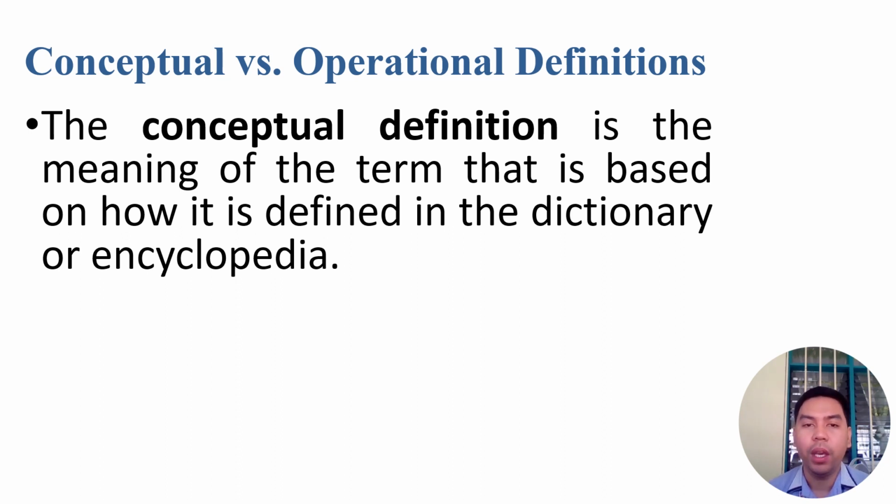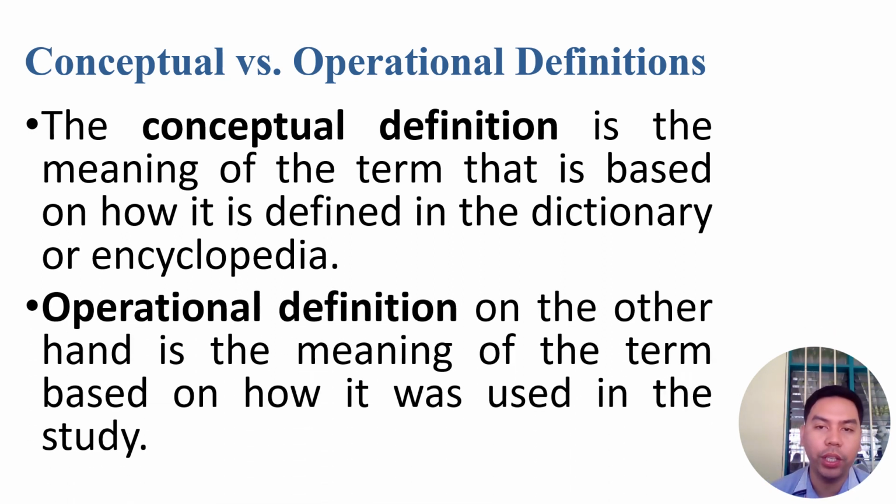So in other words, the definition of the terms in your research is coming from your dictionary, either hard copy or electronic, or in your encyclopedia. If you get your definition from the dictionary or encyclopedia, we call this conceptual definition.